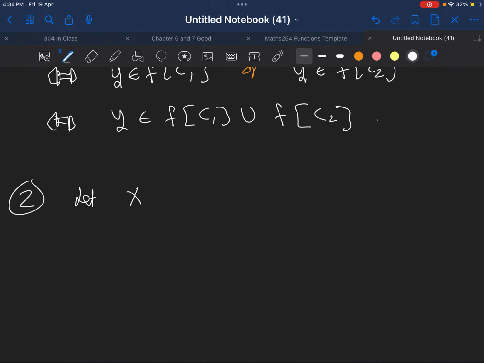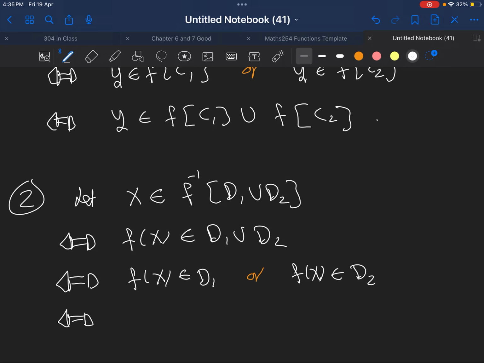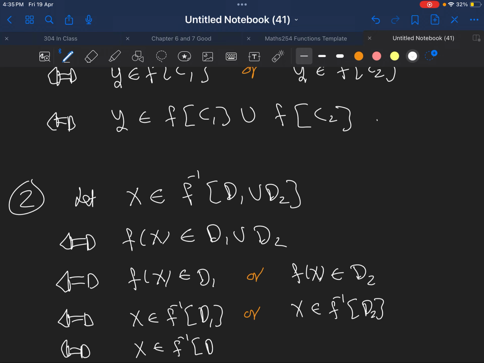So let x be in f inverse of d1 union d2, which is the same as saying f of x is in d1 union d2, which is the same thing as saying f of x is in D1, or f of x is in D2, which is again the same as saying x itself is in f inverse of D1, or x is in f inverse of D2, and that is exactly the same as saying x is in the union f inverse of D1 union f inverse of D2.